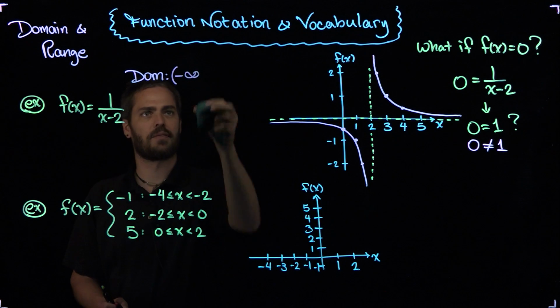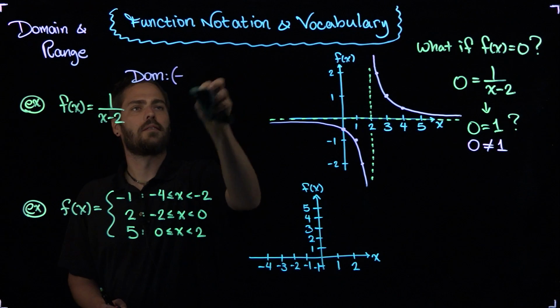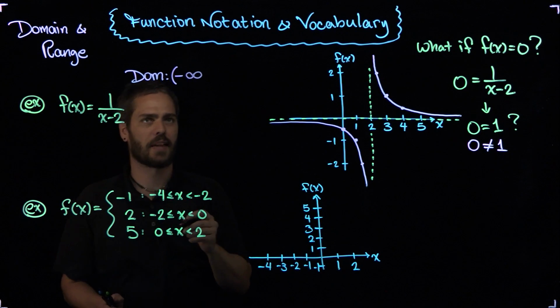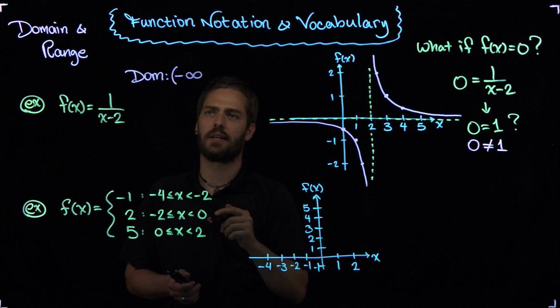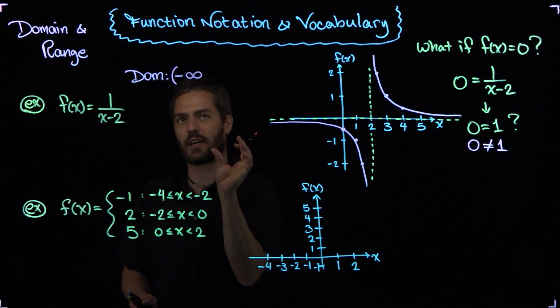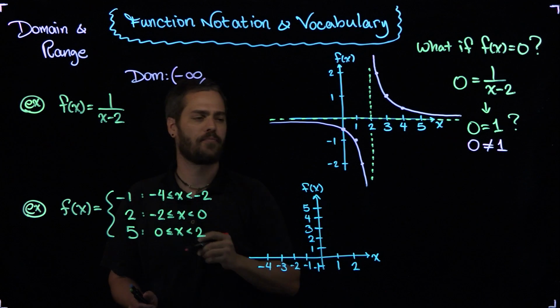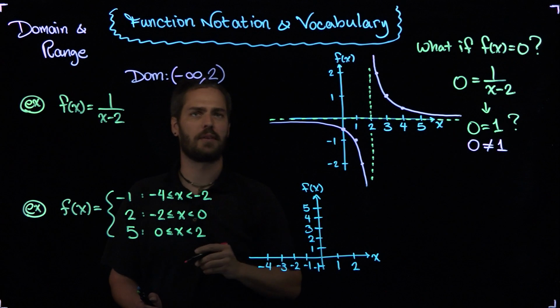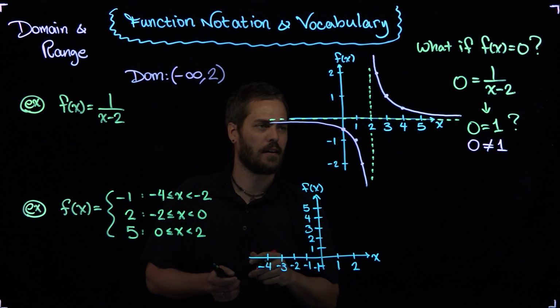Ooh, that's a terrible infinity sign. Okay. That's a little better. Okay, so we're coming in from negative infinity. This is a parenthesis instead of a bracket because we do not include negative infinity, and then I'll put a comma. And we go all the way up to 2, but we cannot include that, so I put another parenthesis.